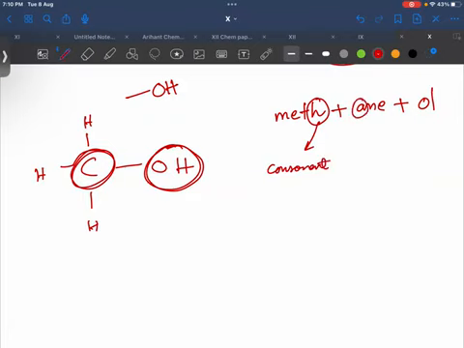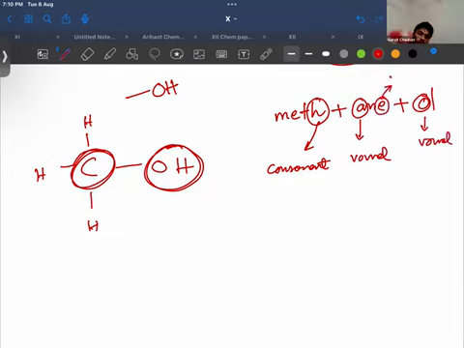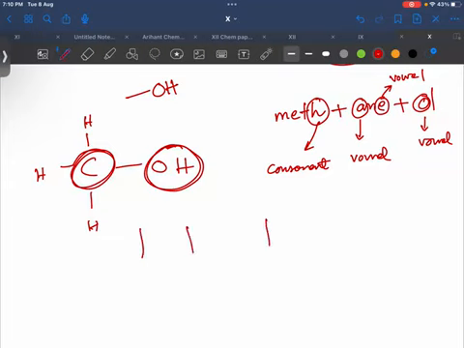A is a consonant or vowel? Vowel. And what about O? Vowel. And what about this E? It's a vowel. तो organic में याद रखना, meth is ending with H, H is a consonant and ane is starting with A. So a consonant and vowel can stay together. No problem in that.